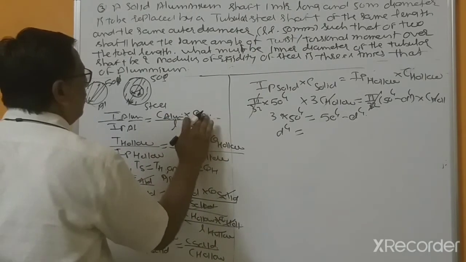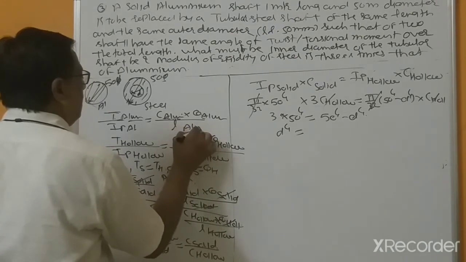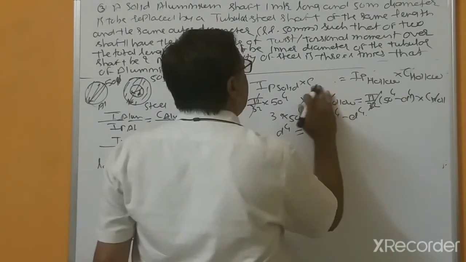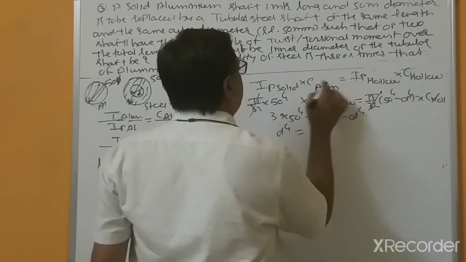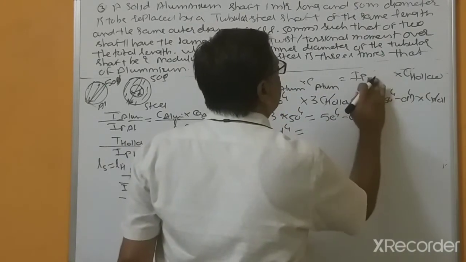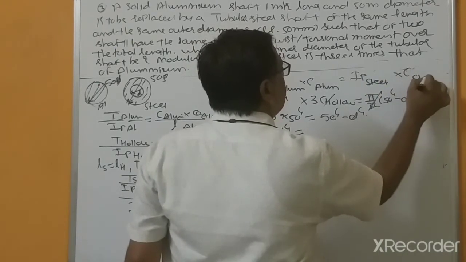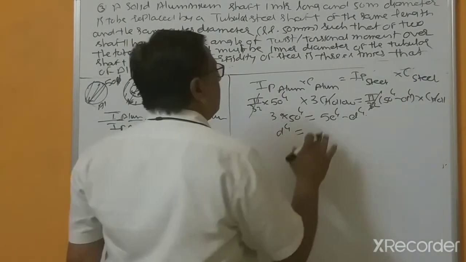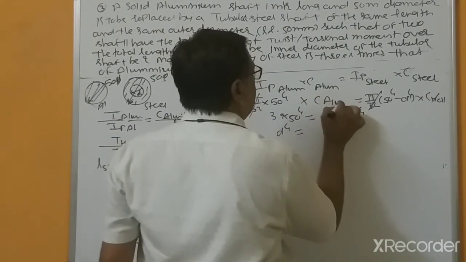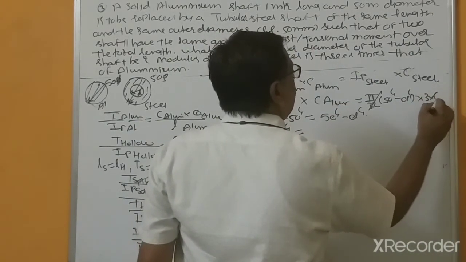This is for steel, because C for steel equal to 3 times C for aluminum.